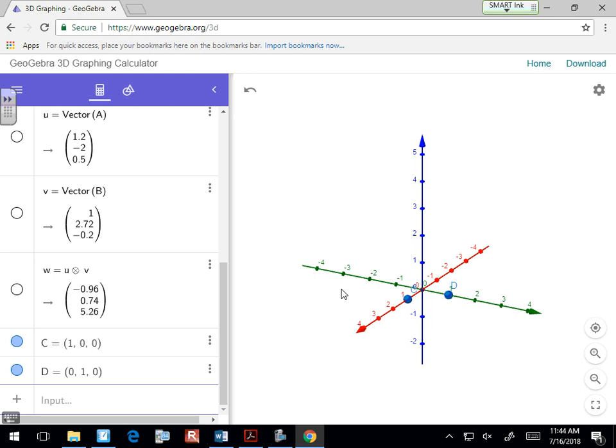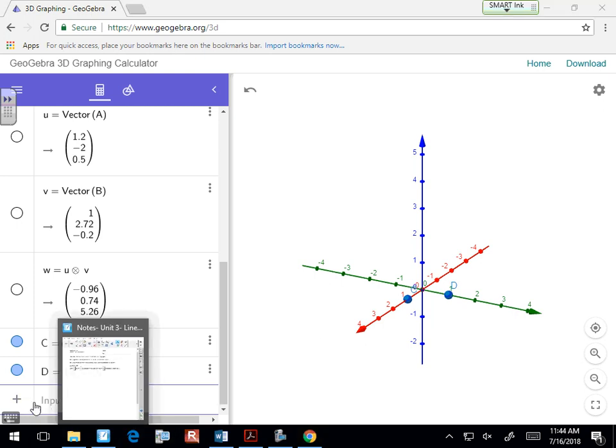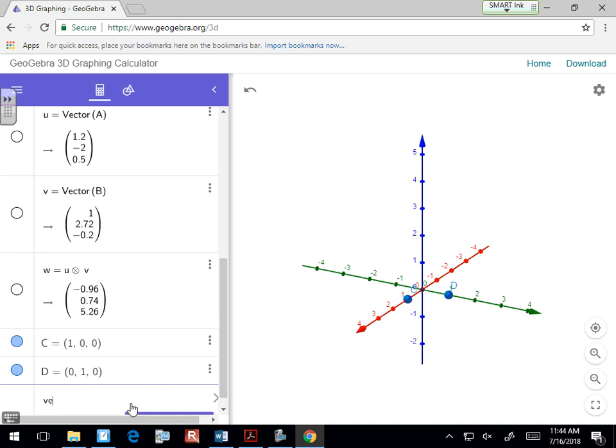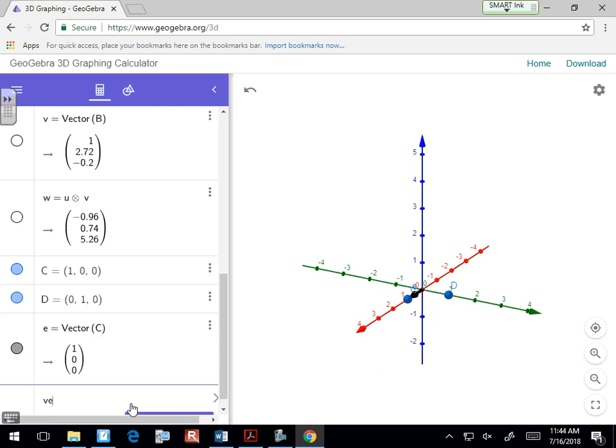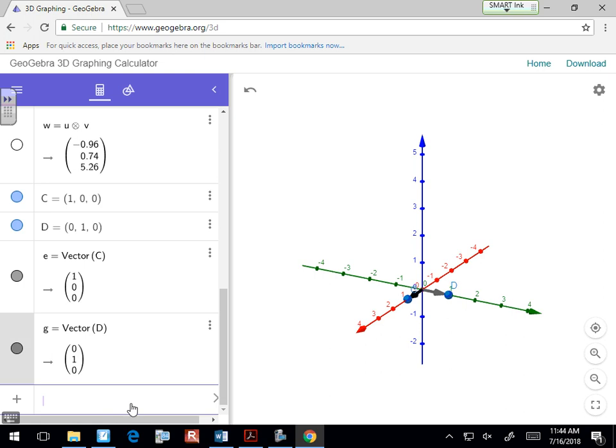So if I create a vector out of the way, vector C, vector D. So I got my vectors there.